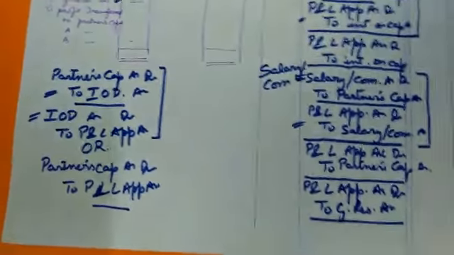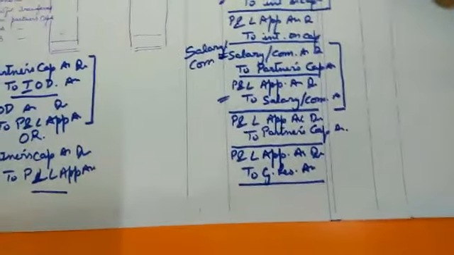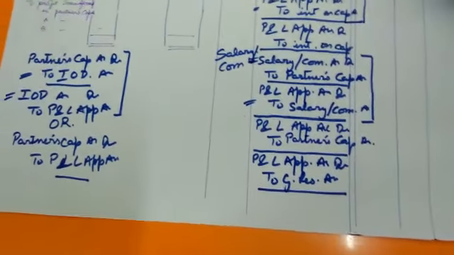We are left with the last thing, that is transfer of divisible profits. I will have to change the sheet for that. Now the last thing left is transfer of divisible profit.